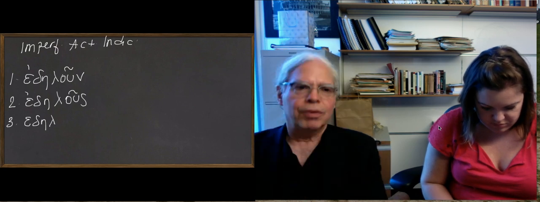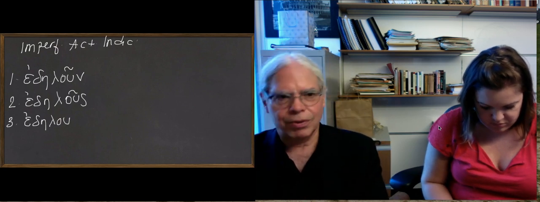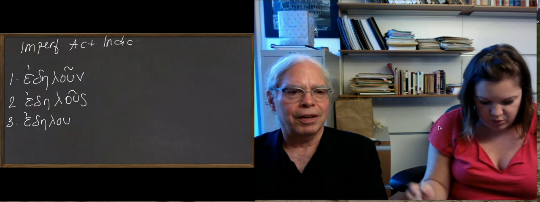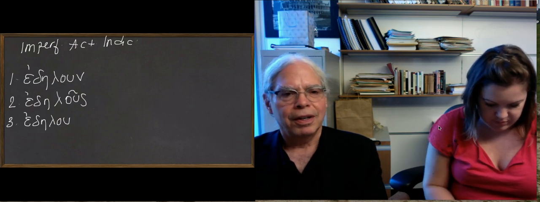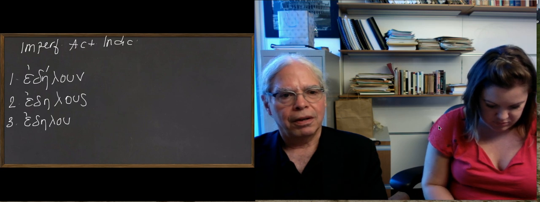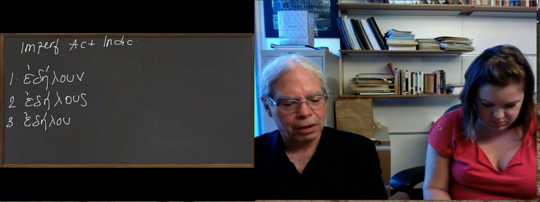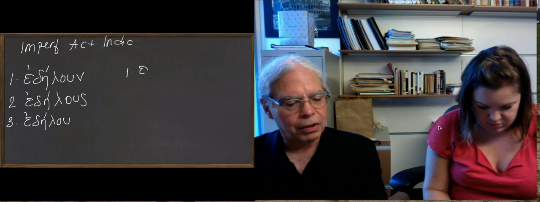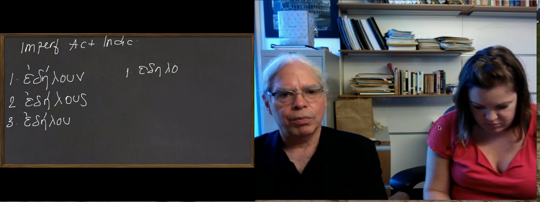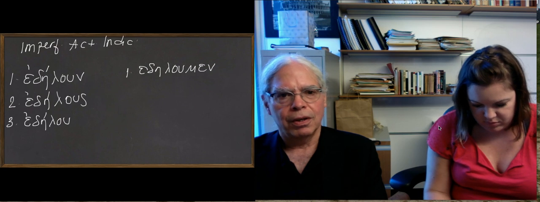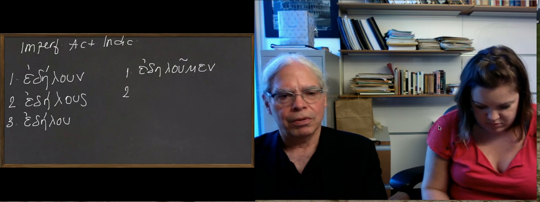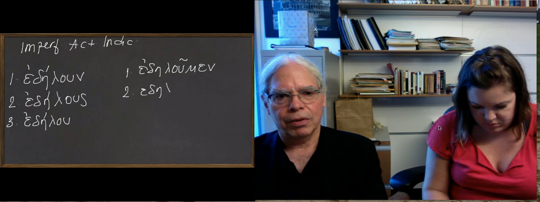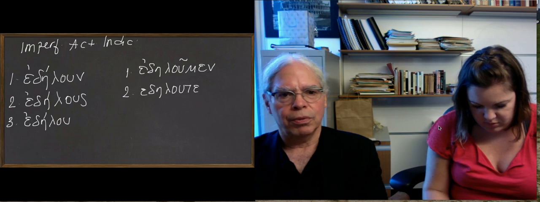Oops, those are wrong. That's not really going to have circumflexes. They all have an acute on the eta. My fault. Edeloun, edeloues and edeloue. And then it's going to be edeloumen, edeloute, and edeloun. Those forms have a circumflex over the OU, the first two, but the others do not. The third one does not. It's edeloun, like the first person singular.